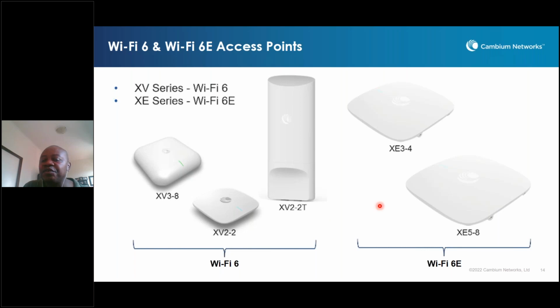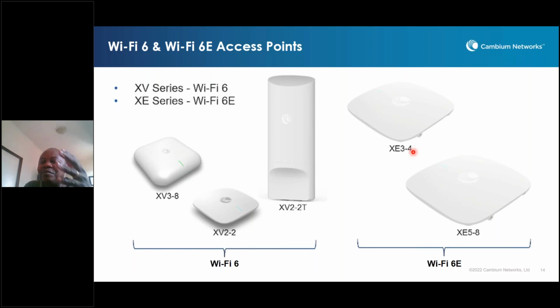Then on the right we have the 6E family. We have XE3-4. So you can see the E there denotes 6E. And just to explain this 3-4, what we're saying is 3 radios, 4 streams.